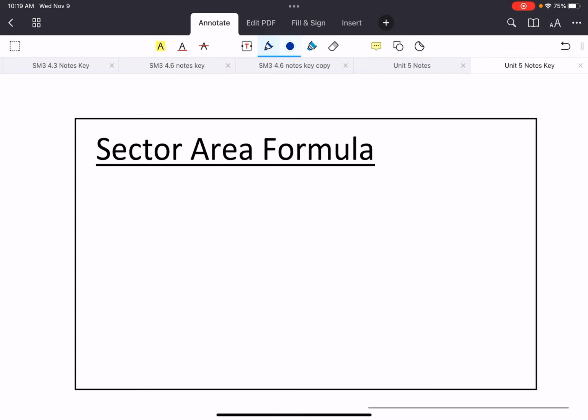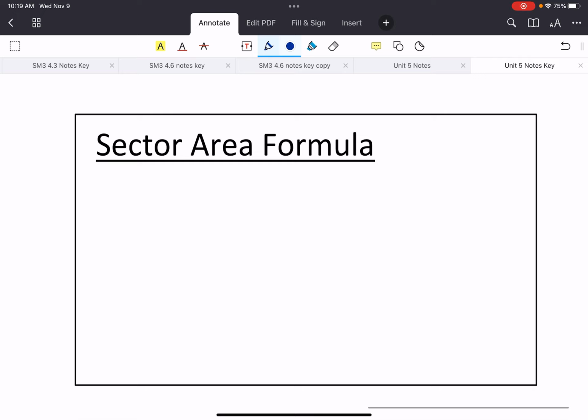In your little sector area formula box, we're going to give you the area formula for sector areas. If it's in degrees, okay, there's two different units of measure, right? There's degrees and radians. So if it's in degrees, you're going to take the angle.